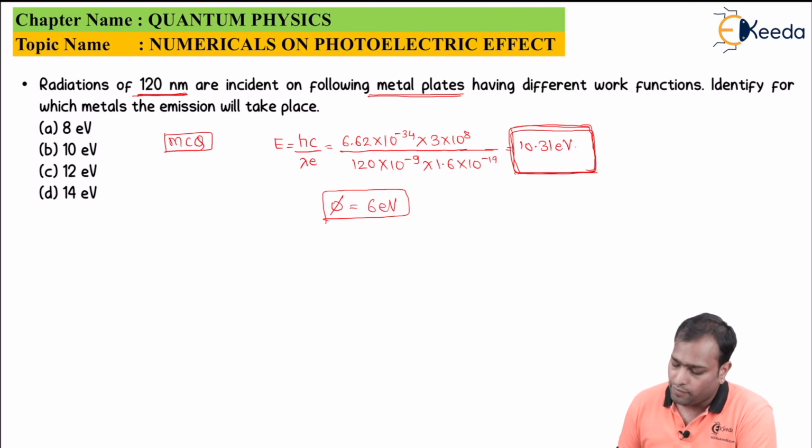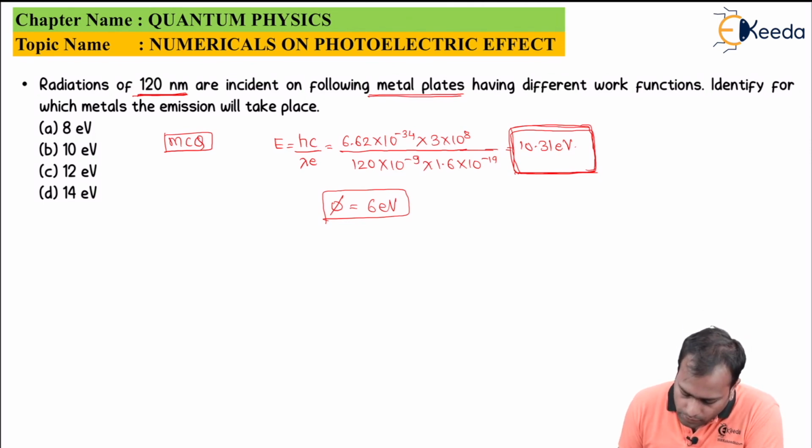Now if the work function of the metal is 12 electron volt, my 10.31 electron volt will make no difference to that metal, and hence that 10.31 electron volt energy would go completely wasted, because 12 electron volt is the minimum energy that an electron requires to get kicked off. So in this case, all the energies below 12 stand of no use. So cancelling out the options 12 and 14.